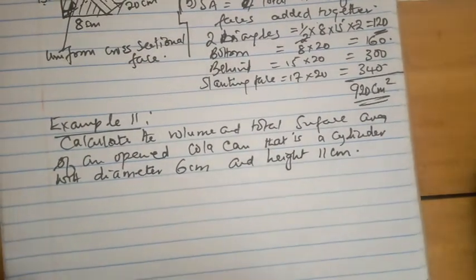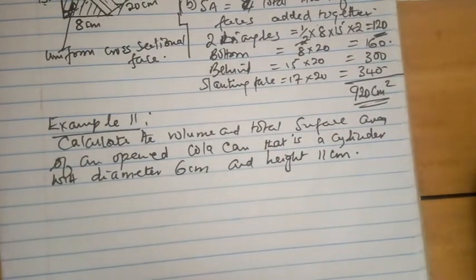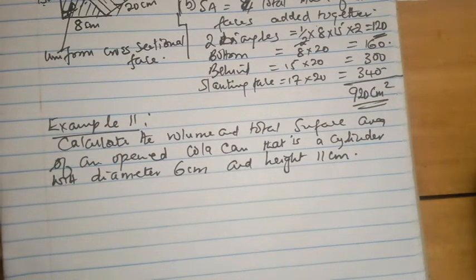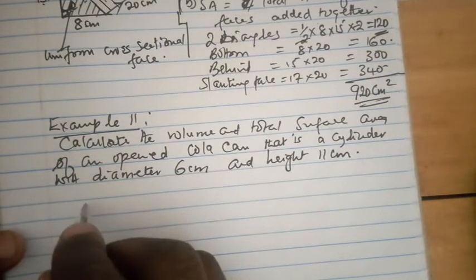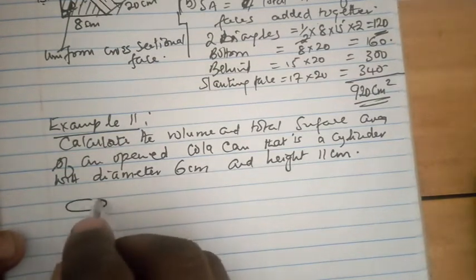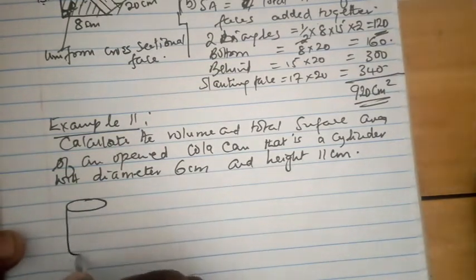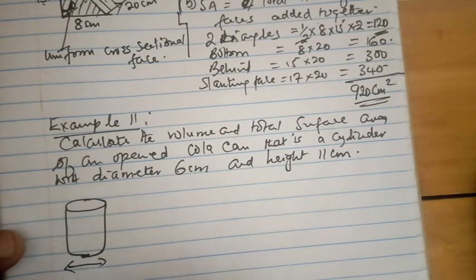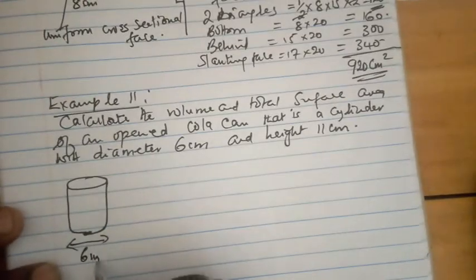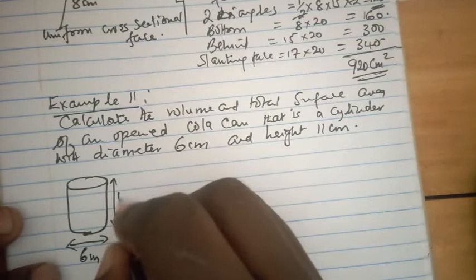It's good to have a picture, or rather a diagram, of what we are expected to have. It is open on top, and this is cylindrical. We have a diameter of 6 centimeters and a height of 11 centimeters.